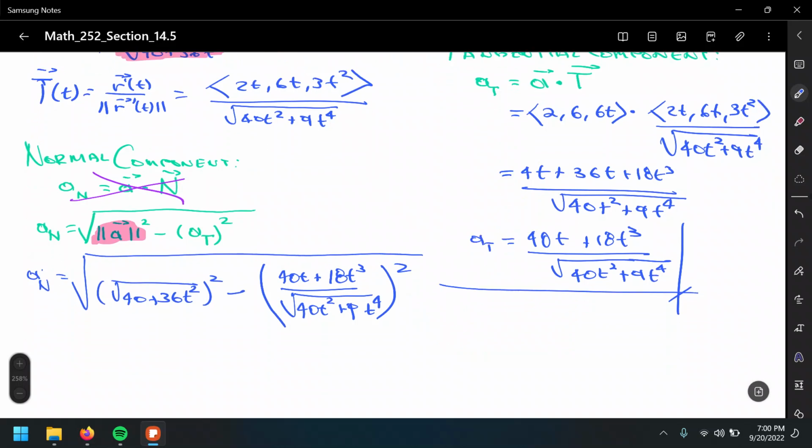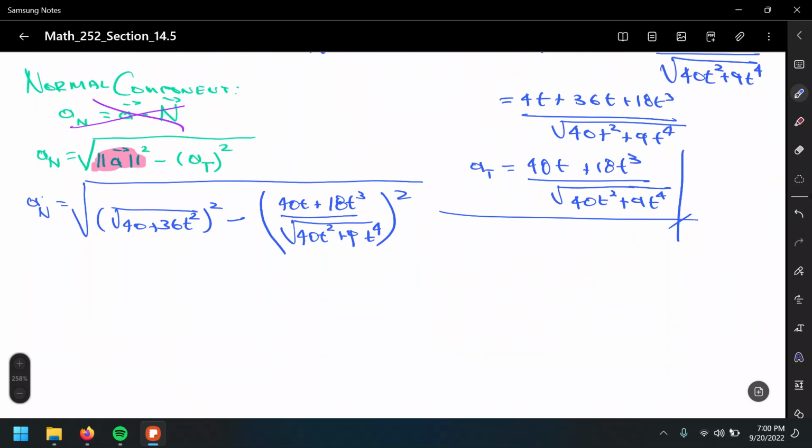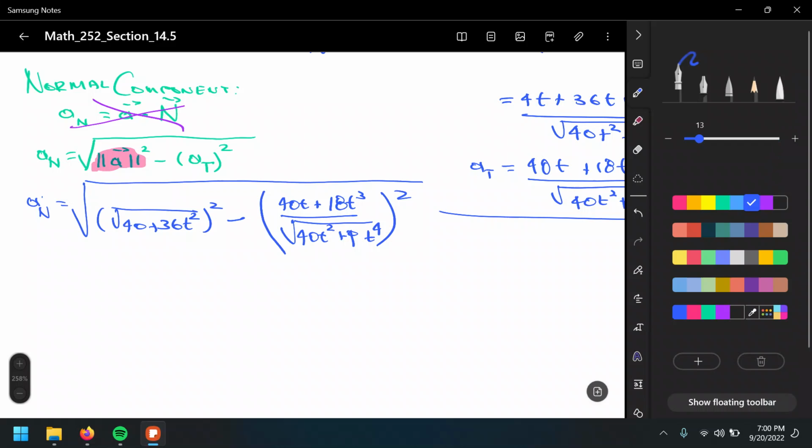Let's see. So number one, this radical will disappear with this power 2. And so this radical right here, but of course we need to square the numerator. Okay, so what are we going to get? So a sub n equals the square root of 40, plus 36 t squared.